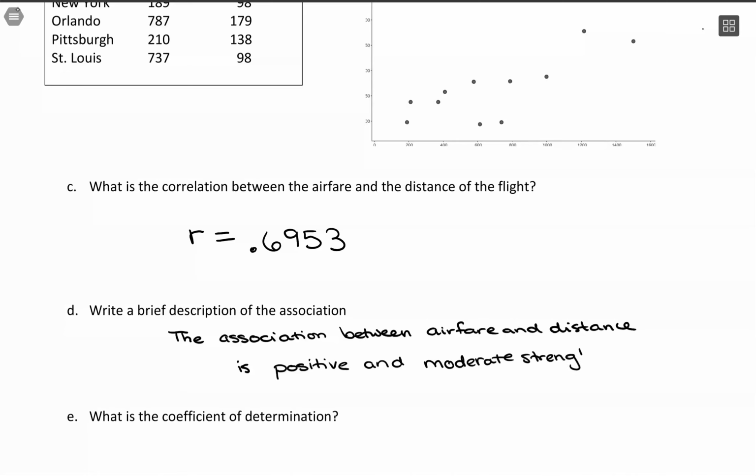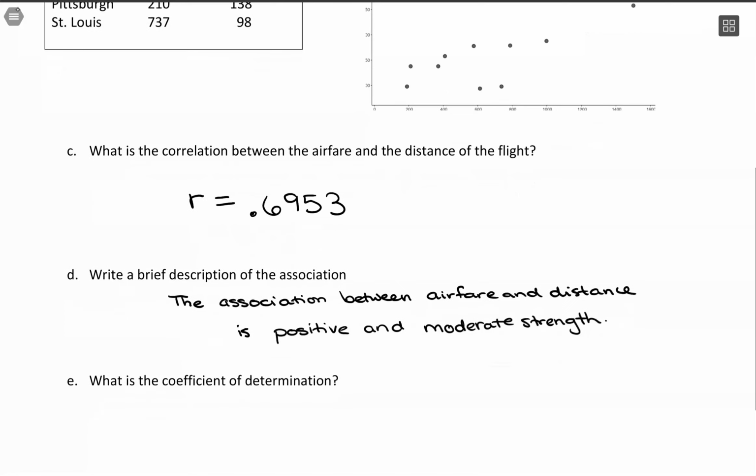With the direction, we can get an idea that we have an overall increasing trend, but in terms of the strength of it, it's linear, but it's not particularly strong, but it's not weak either. We're in the middle in terms of strength.